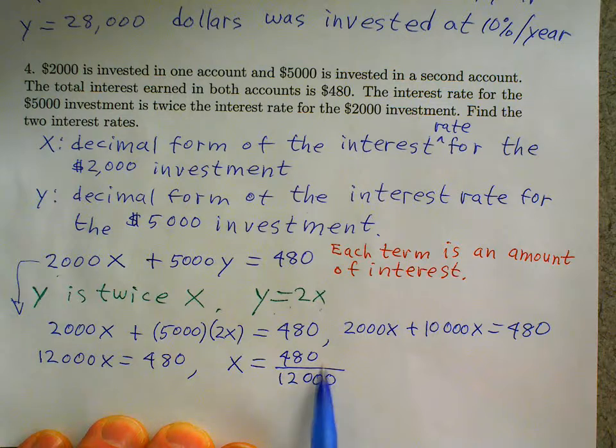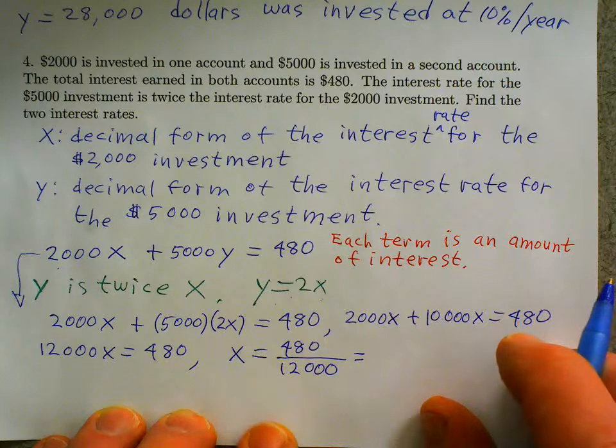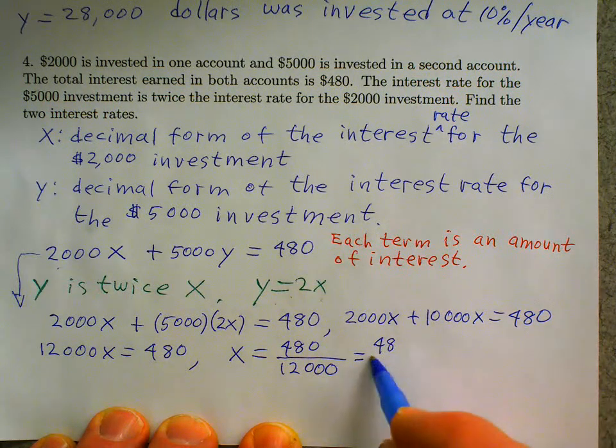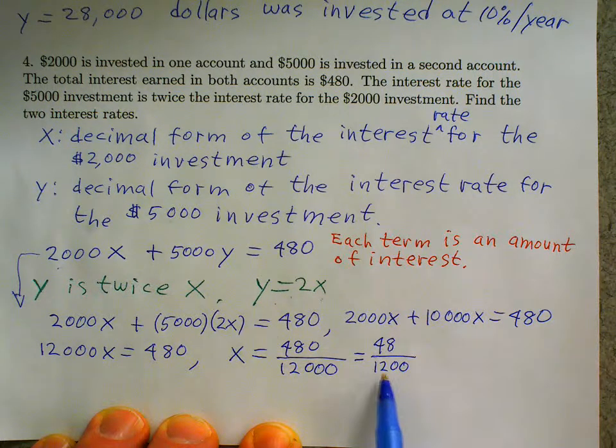Well, we can whittle this down a little bit. If we think of 480 as 48 times 10 and 12,000 as 1,200 times 10, 10 divided by 10 cancels. So we can write this in lower terms, 48 over 1,200. Then notice that 12 goes into 48 4 times.